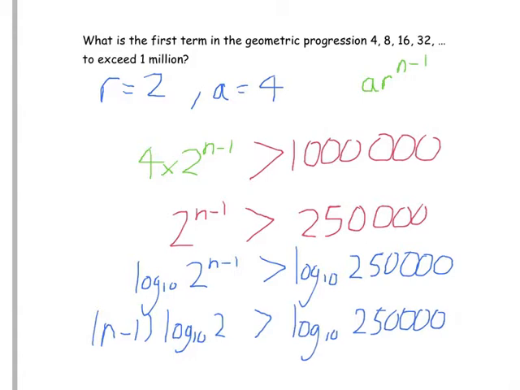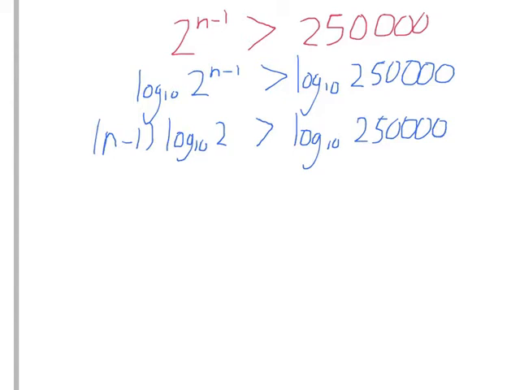Now, remember, we're trying to get a situation where we've got n on its own, so we need to split this up into its two parts, which is going to be n times log to the base 10 of 2 minus log to the base 10 of 2, and that's greater than the same value.